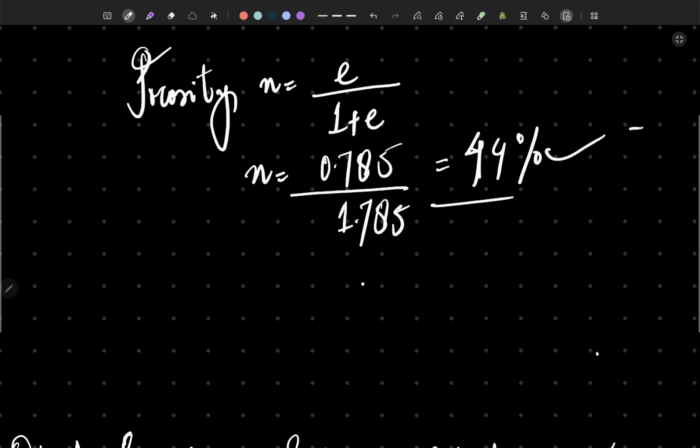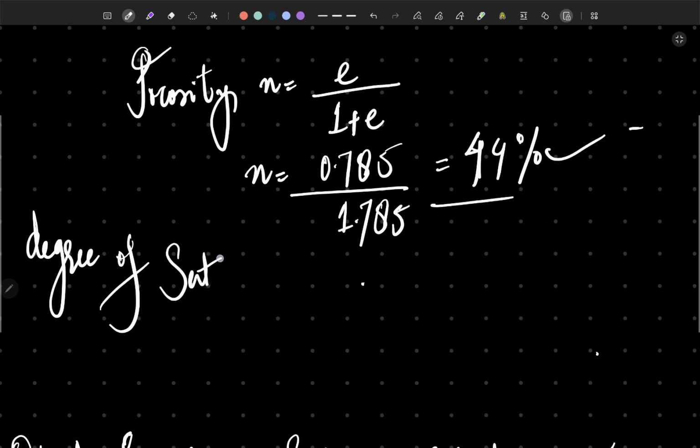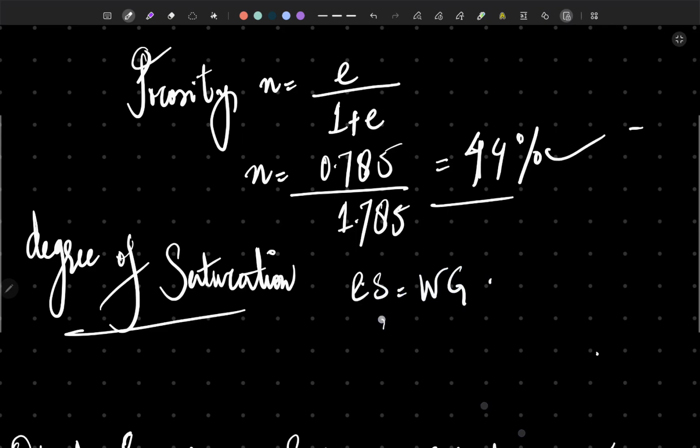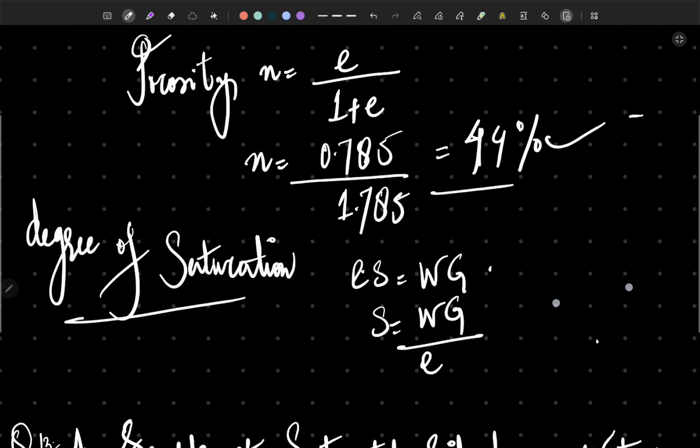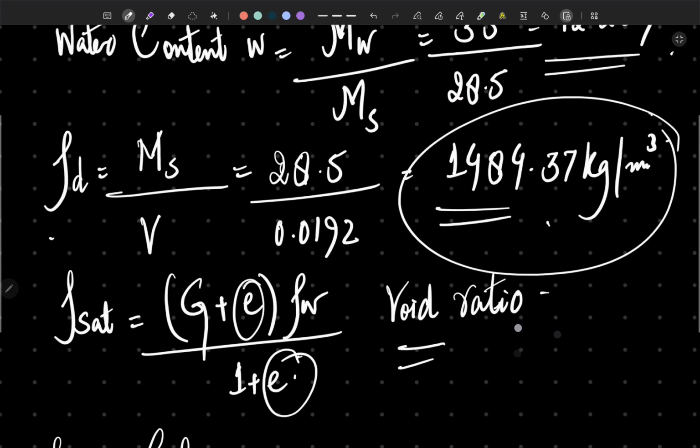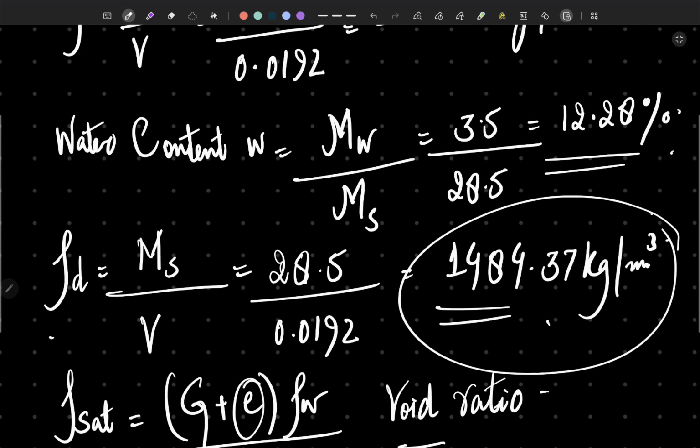Now the only thing that's left is the degree of saturation. We will find it using the equation eS equals wG. That means S is wG divided by e. w is the water content, and we found it to be 12.28%.